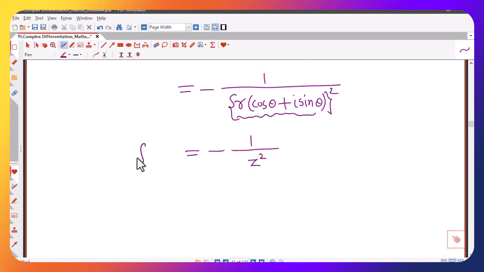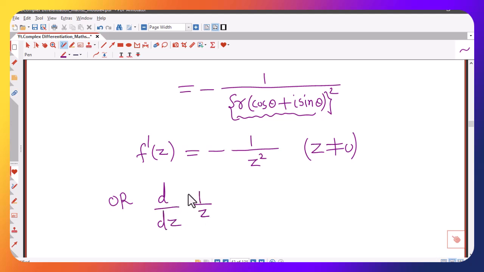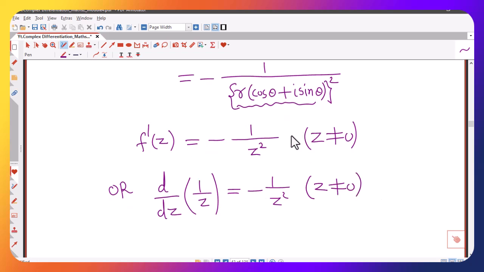So what we obtain? We find that function is differentiable at every non-zero point, and its derivative at any non-zero point is minus 1 by z square, or we can rewrite this as derivative of 1 by z with respect to z is minus 1 by z square at every non-zero point in the complex plane.